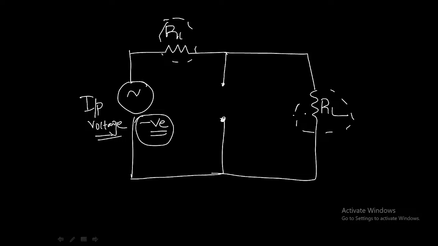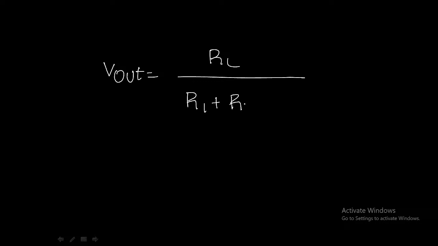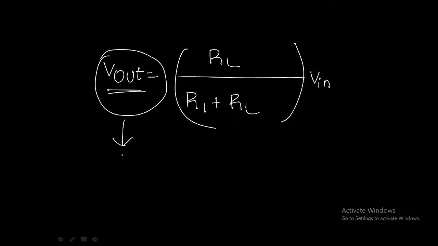So how do we find the output voltage? Vout can be found by RL divided by R1 plus RL into Vin. So this is how we find the output voltage Vout. This is the magnitude of the output voltage.